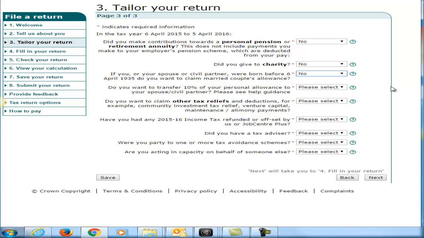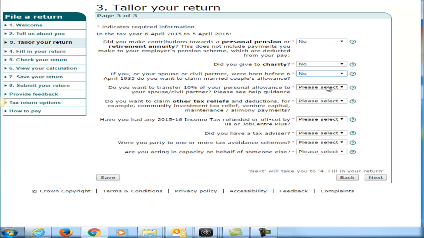That only works if one of you does not pay tax, so you earn less than the personal allowance, and the other person is a basic rate taxpayer. And on here, you can then say, yes, I want to transfer some of that allowance.